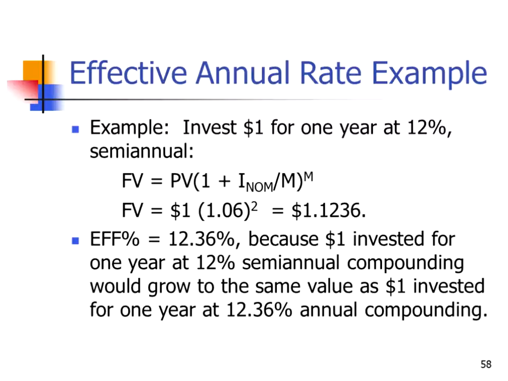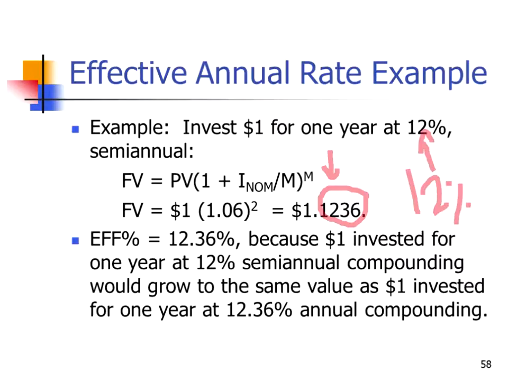An example here is to invest $1 for 1 year at 12% semi-annual. You end up with $1.1236. So the effective rate that you actually receive is going to be 12.36%, and not the 12%. Why?